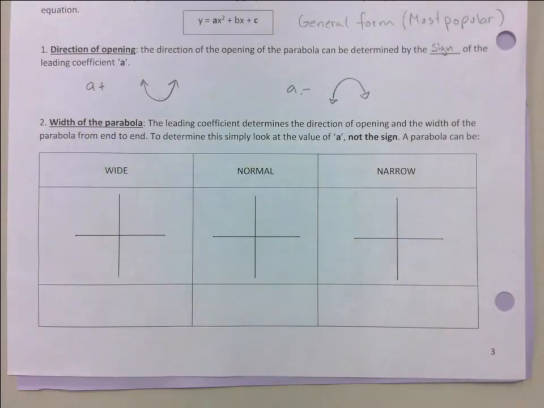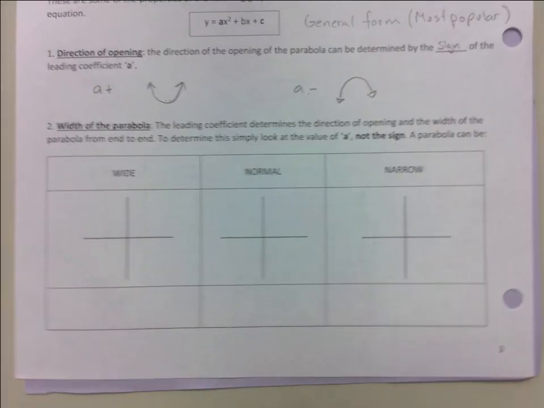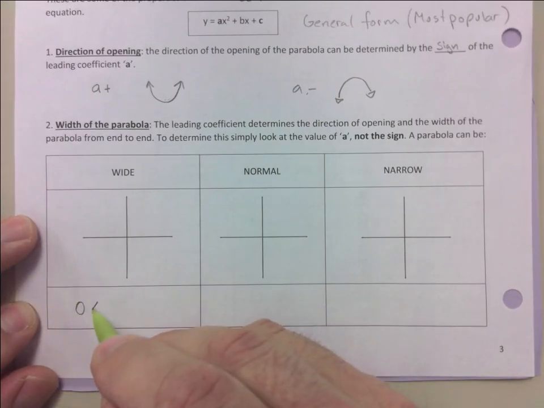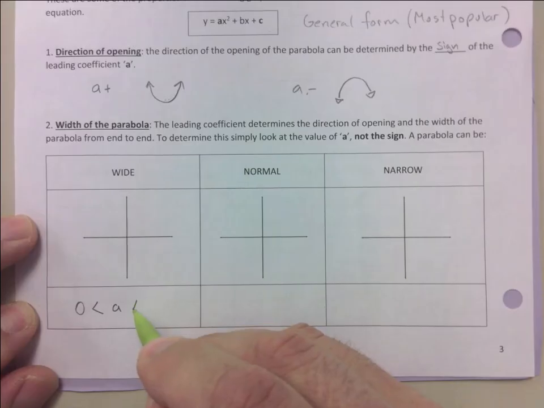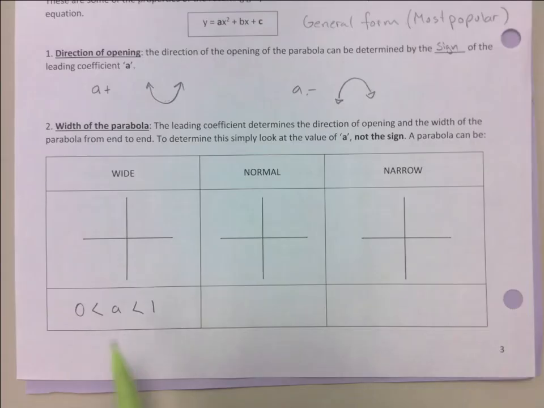Step number 2. A kind of tells us how wide or narrow the parabola will be. So if A, watch here, like these are the boxes here. So if A is anywhere between 0 and 1, not including 0 and 1, give me one example of anything being between 0 and 1. 0.5, 0.12, 0.0005.